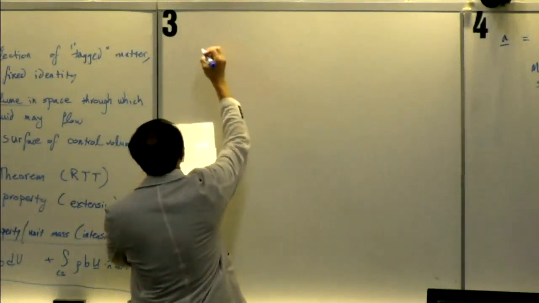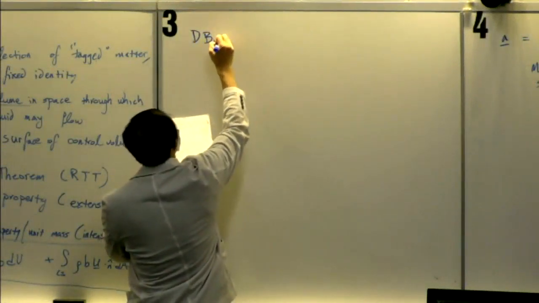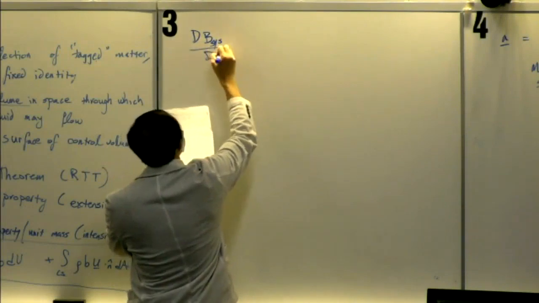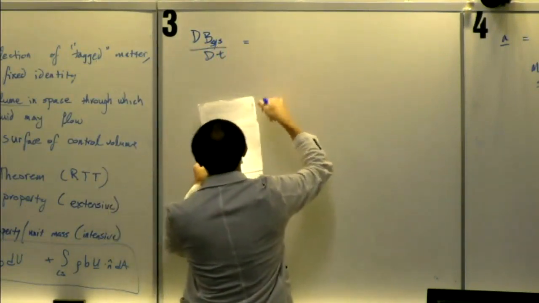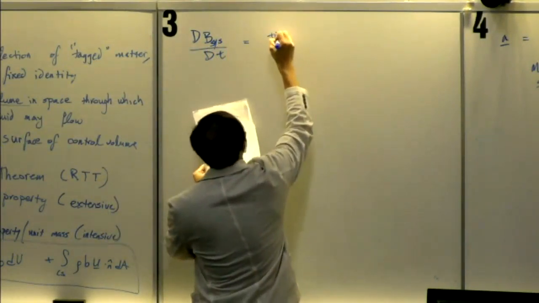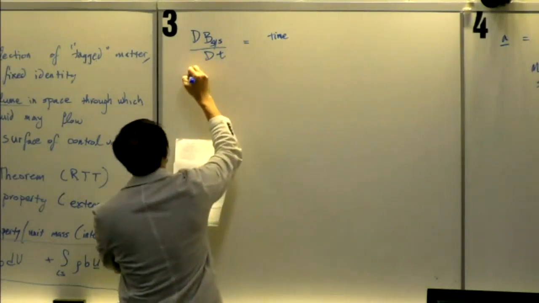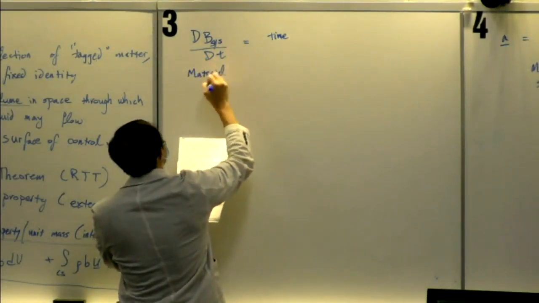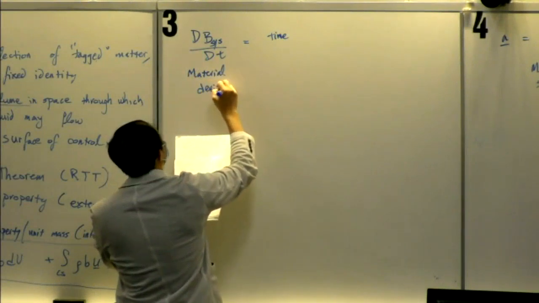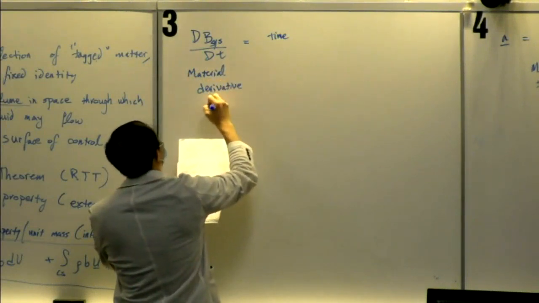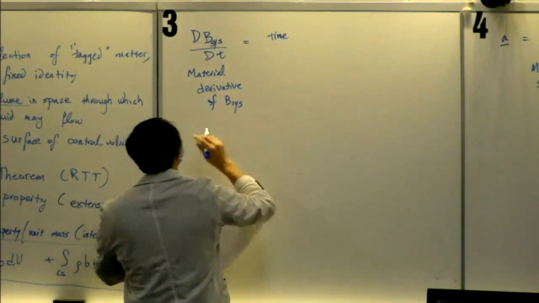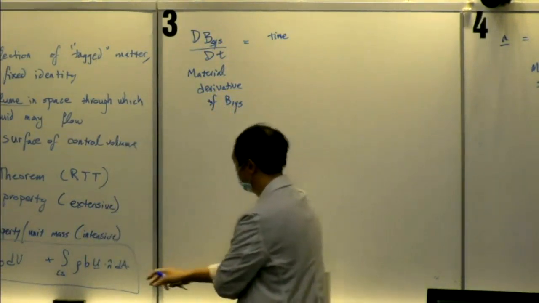All right. So physically, this is the time rate of change. Of course, you remember this is the material derivative of how much capital B is in my system.